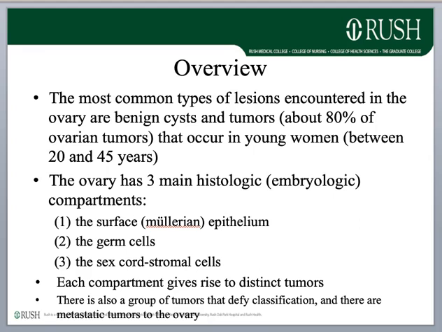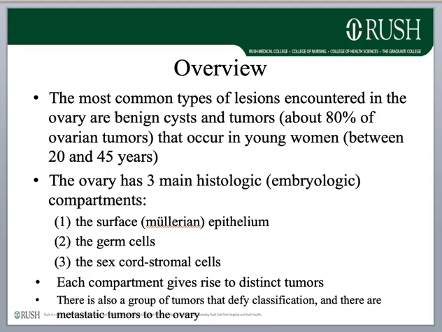It's helpful to start off in terms of organizing the types of ovarian tumors in remembering that there are 3 main histologic compartments, and these are derived from the embryological origins of the ovary. First is the surface, also known as Müllerian epithelium.